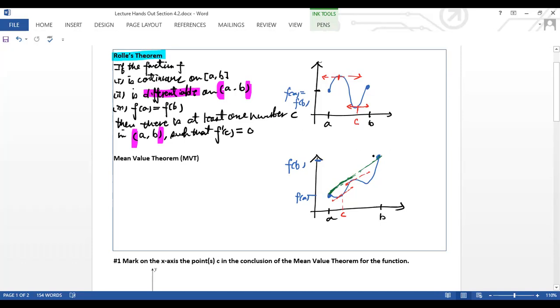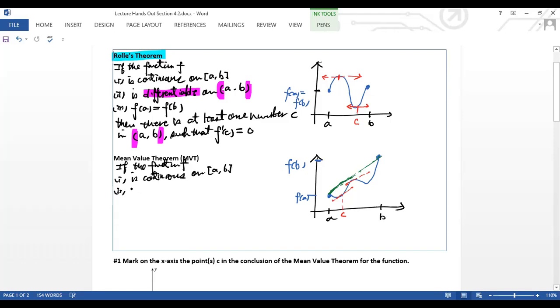So if f(a) is not equal to f(b) here, we said the function f, so the first couple of conditions are the same. We say it's continuous on this closed interval [a, b].